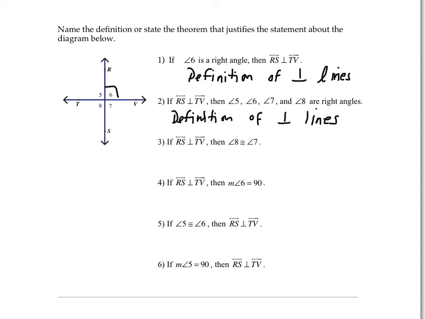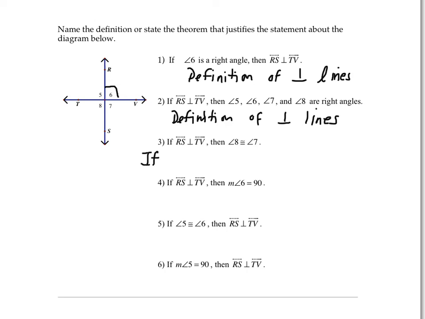In number 3, it says if line RS is perpendicular to line TV, then we get to say that angle 7 is congruent to angle 8. And this is one of our theorems. It's the one that says if two lines are perpendicular, then they form congruent adjacent angles.